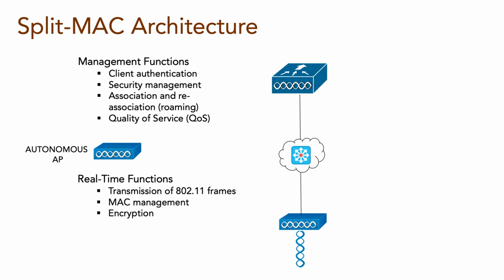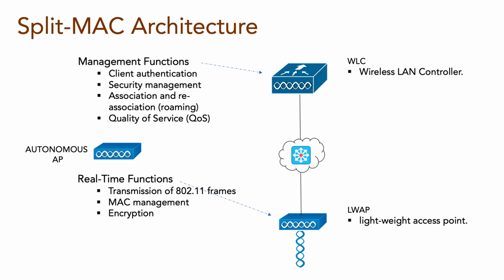The simple timing-dependent real-time functions are managed by the access point, and this access point is called a lightweight access point. The less time-dependent management functions are performed by a centralized controller called the WLC, or wireless LAN controller, which controls many lightweight access points.